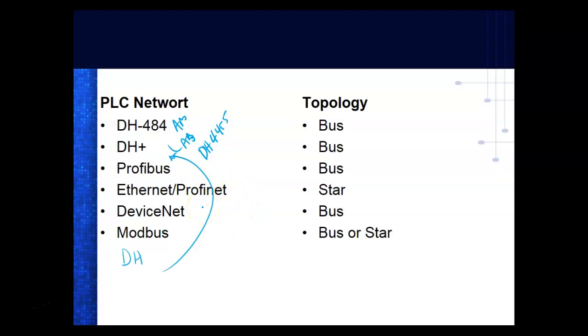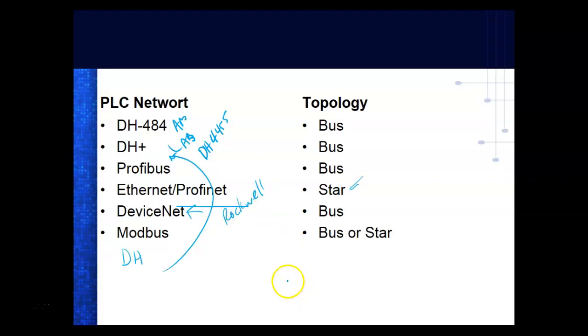Profibus, this is an open topology. Anybody can use that. Ethernet and Ethernet IP, these are the open topologies. They are currently going to be used as star for PLCs. DeviceNet is a bus topology. This is proprietary. I'll have to look at Rockwell.